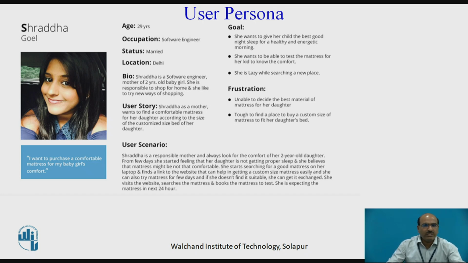But what is the frustration? The frustration or pain point is being unable to decide the best material for the mattress which suits her daughter's need, and it is tough to find a specific place to buy a customized size of mattress which suits the daughter's need. So this is a very specific user persona, where various aspects of the user can be studied, and you can relate with the user persona through this slide.